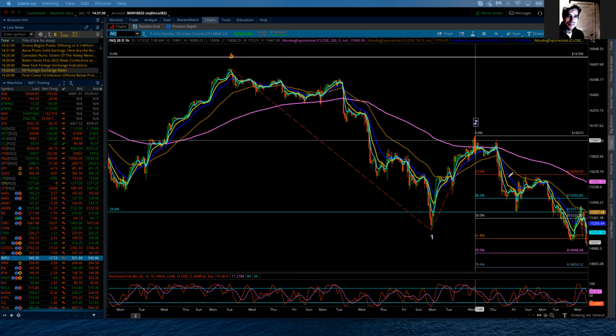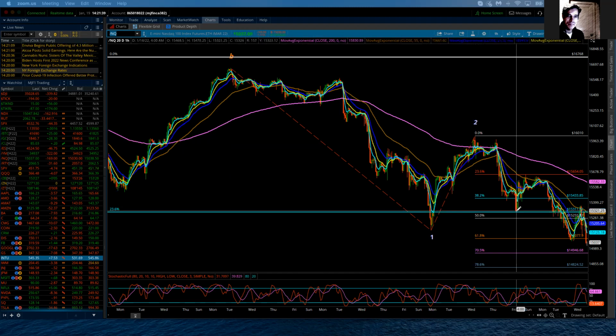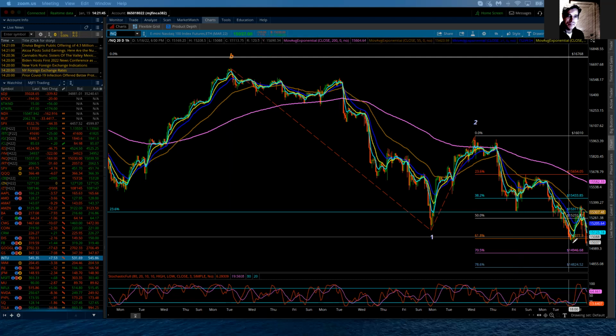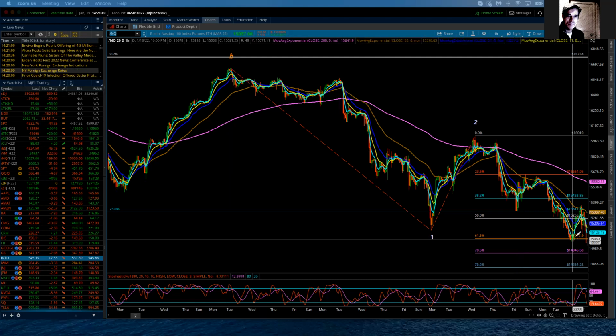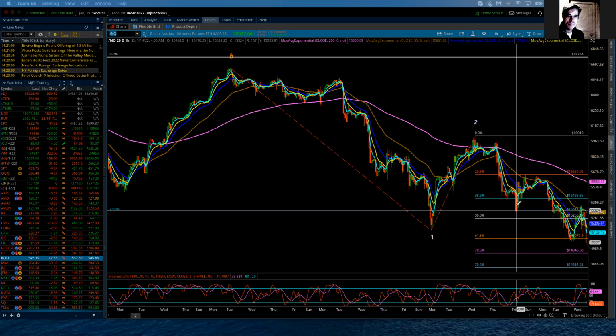Now, today, I had been counting this as possibly the internal wave 1 of 3, 2 of 3, and that would make this 3 of 3. And then this would be 4 of 3, except 4 of 3 overlaps substantially 1 of 3. So that negated that count.